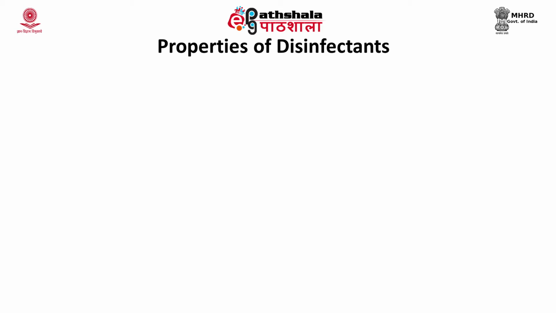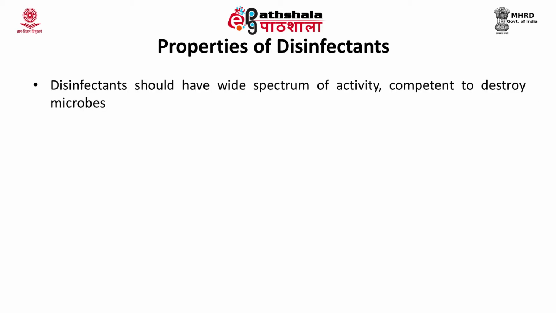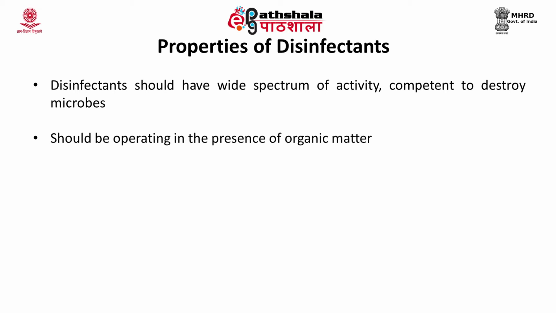What are the properties of disinfectants? These disinfectants should have a wide spectrum of activity. They should be competent to destroy the microorganisms and should operate in the presence of organic matter, because after the secondary treatment of wastewater, a little organic matter is still present in the water.